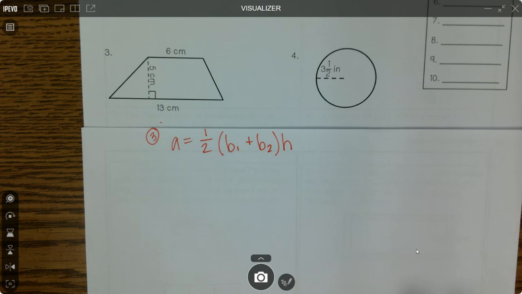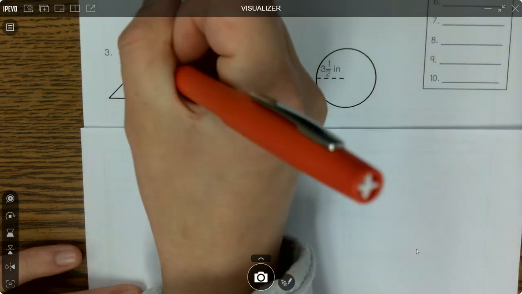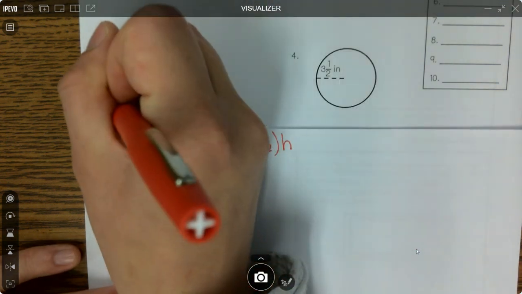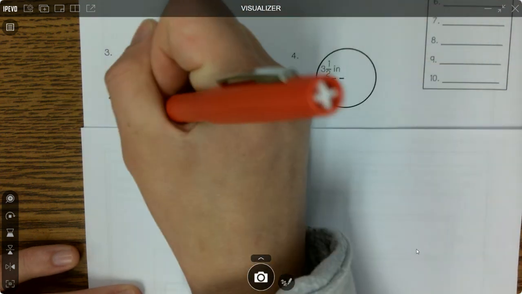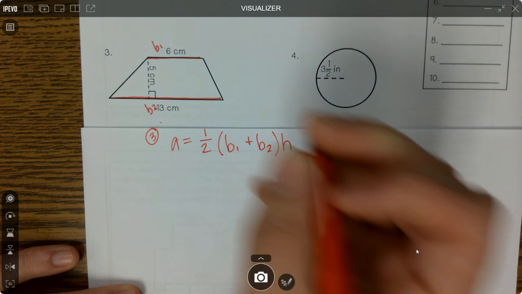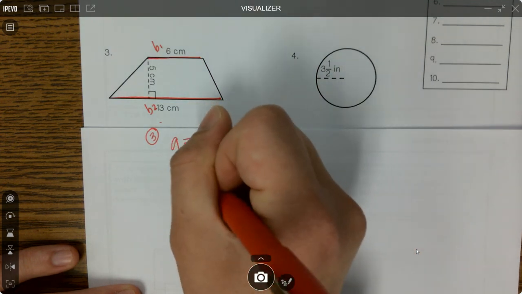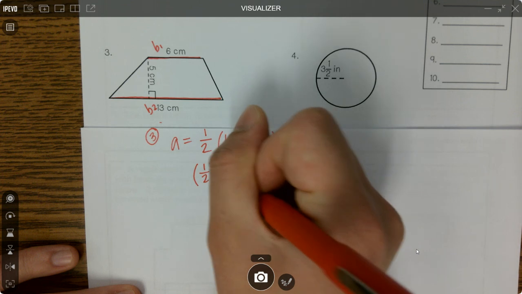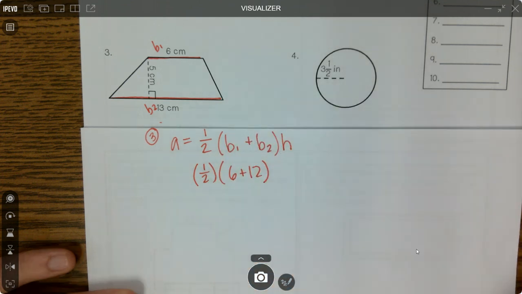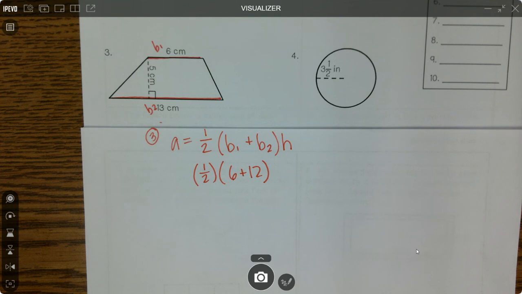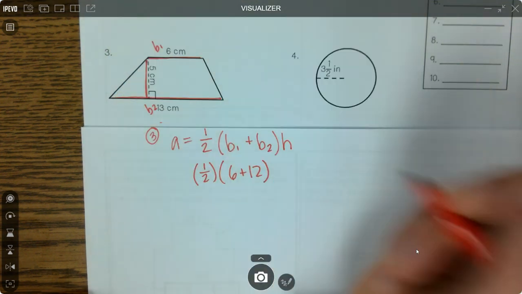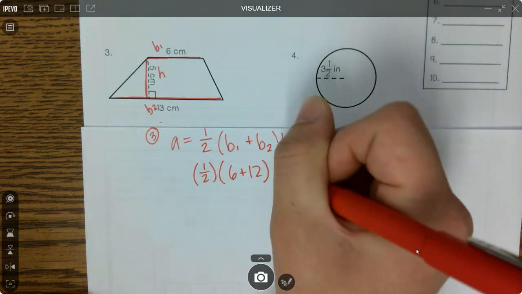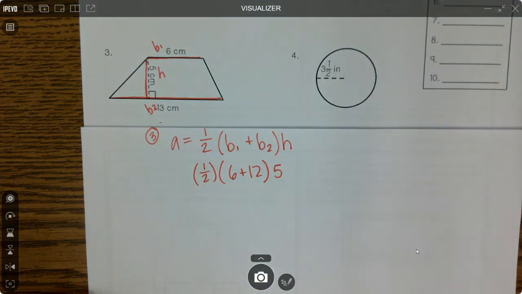Okay, one way to think about my bases is my bases run parallel to each other. So I could say base 1, base 2, and plug those in. And the way to know our height, just like I said in the other two, your height will make a right angle with the base. So my height is going to be 5. Okay, go ahead and solve that out.